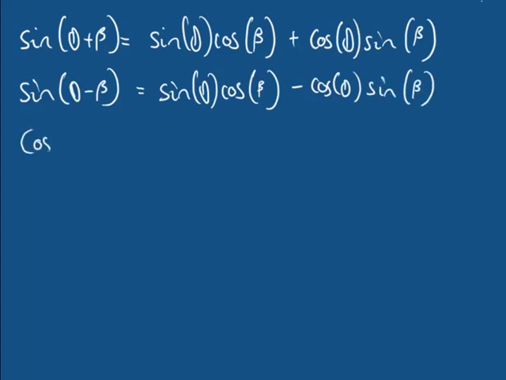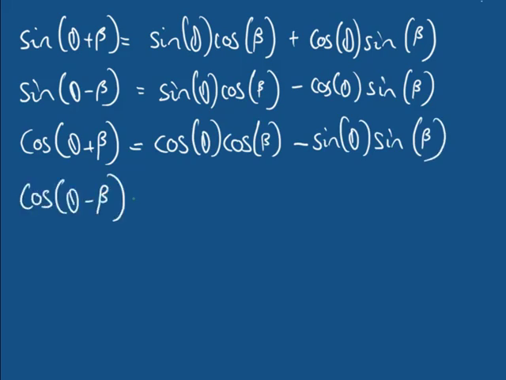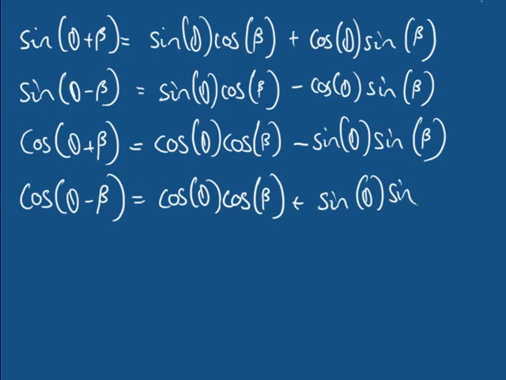The cosine of theta plus beta is equal to the cosine of theta times the cosine of beta minus the sine of theta times the sine of beta. And finally, the cosine of theta minus beta is equal to the cosine of theta times the cosine of beta plus the sine of theta times the sine of beta.